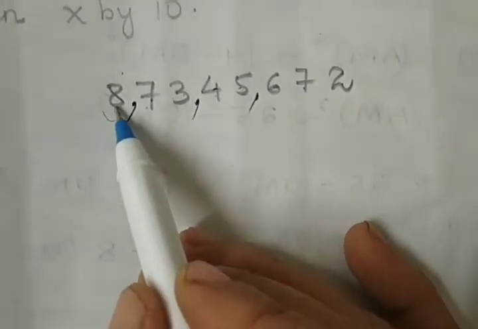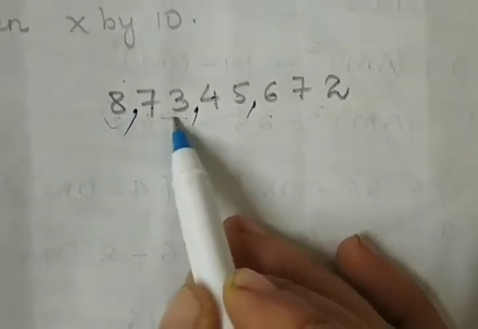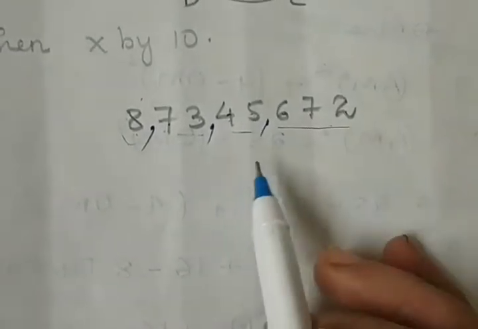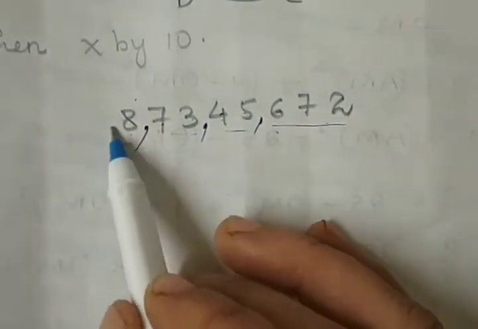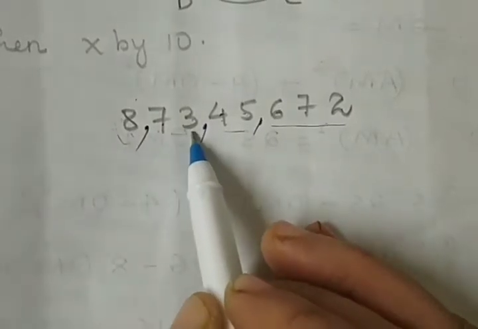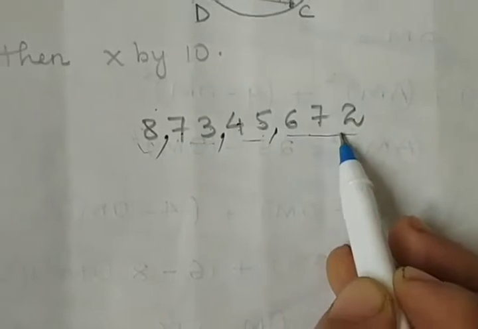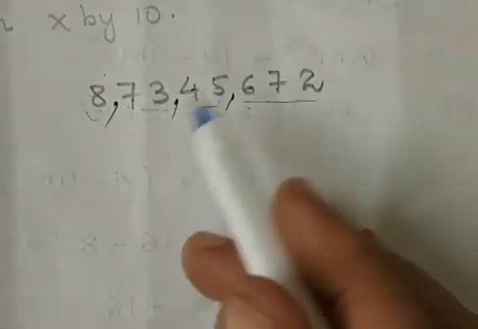This will be 8 crore 73 lakh 45,672. So this is how you read the numbers in the Indian numeration system.